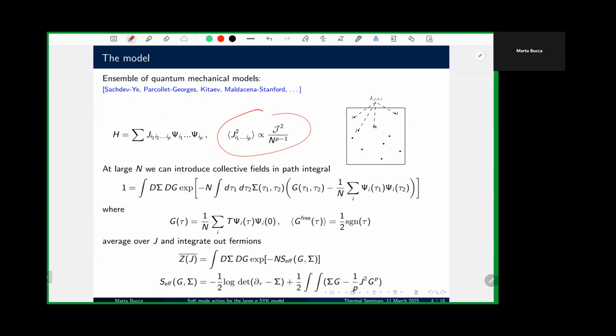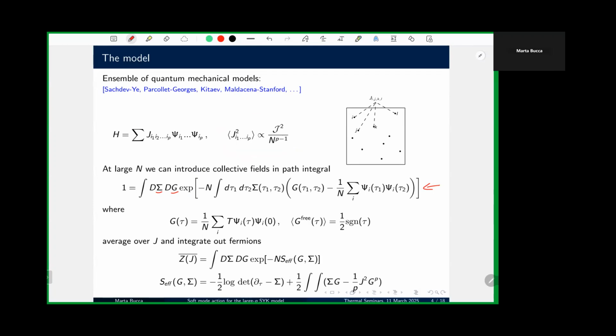So if you want to write down an action for your SYK model, you can do that by using the path integral formalism. And in particular, you can introduce in your path integral collective fields in the following way. So you're just writing one in a very fancy way, and Sigma and G are your collective fields. Sigma is the self-energy, whereas G is the fermionic bilinear.